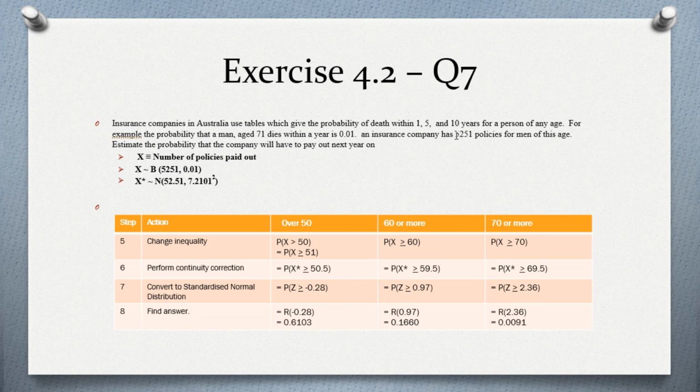That tells you n is 5251, and the probability that the company has to pay out a policy will be 0.01, because if they die, the company has to pay out. So what's the probability of them dying? The mortality rate is 0.01. Therefore, your probability here must be 0.01. Do you understand? That is where you get these two values from.